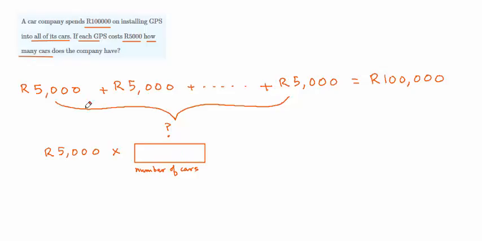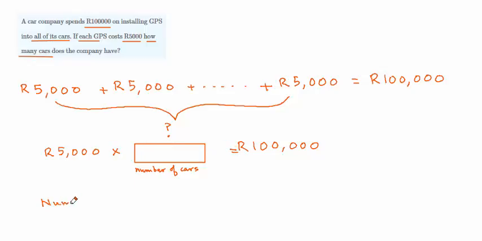If there were 10 cars, 5,000 would be added to itself 10 times. If there were 50 cars, 5,000 would be added to itself 50 times. So 5,000 times the number of cars, which we need to find out, is equal to 100,000 Rand. It's given. And to find this missing factor in this multiplication sentence, we do the opposite of multiplication, that is division.